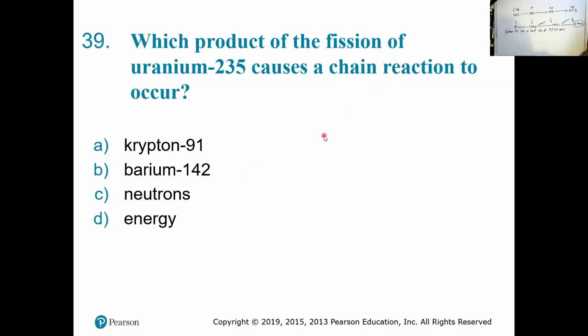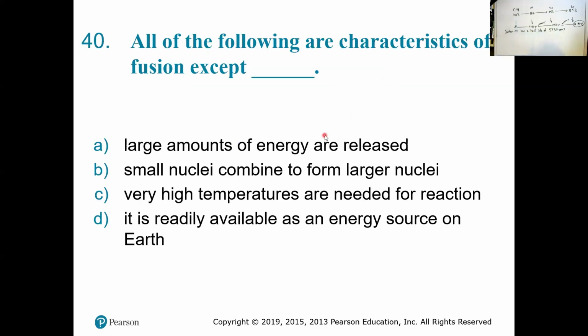All right. Remember, that's why we talked about those control rods being a part of your nuclear reactor, because your control rods are able to absorb the neutrons and then potentially stop your fission reaction from happening.